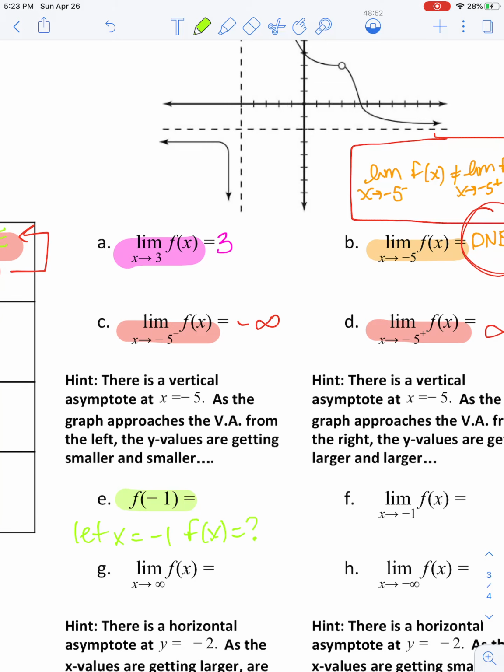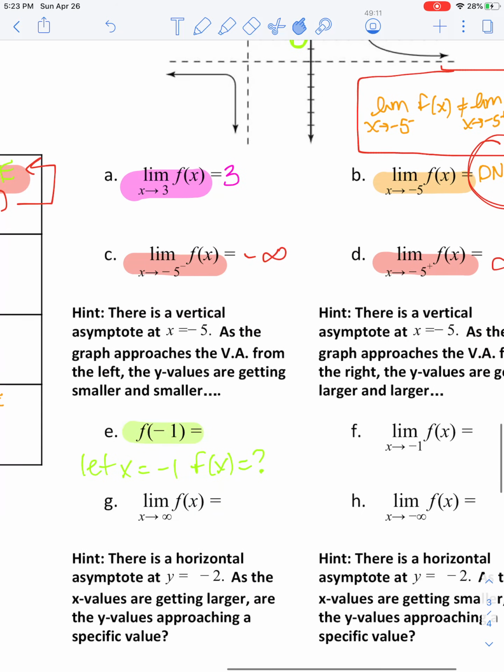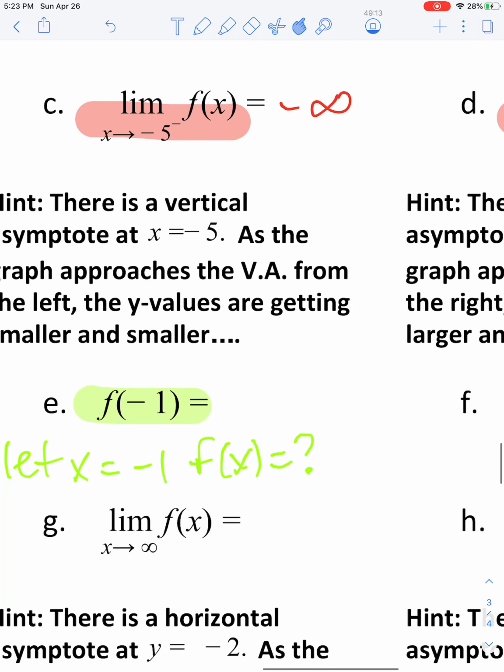So what's the value of our function, not the behavior, but the value of our function at x equals -1. So we'll identify x equals -1 and we'll need to read up to our graph. And it looks like that is a value of 1, 2, 3, 4, 5, 6. So when x equals -1, our function is equal to 6.